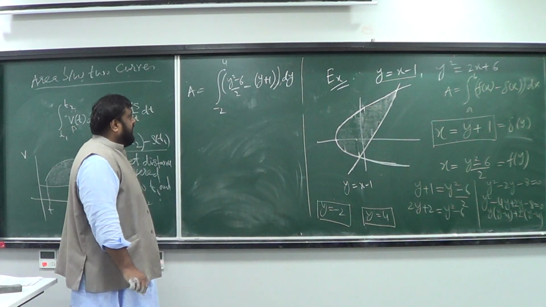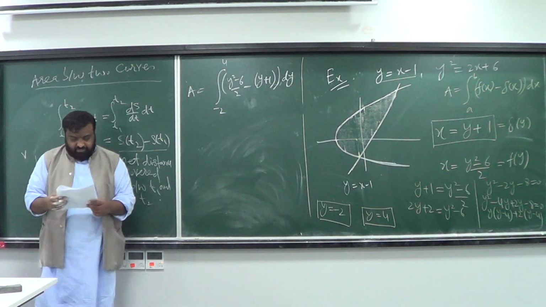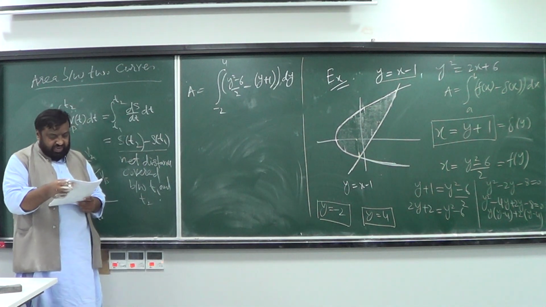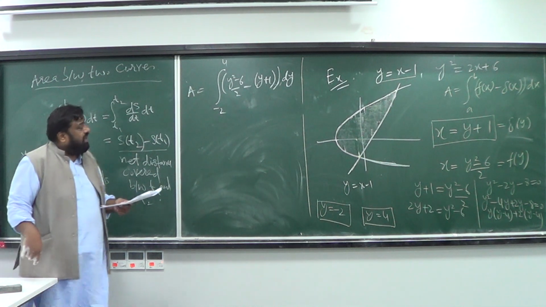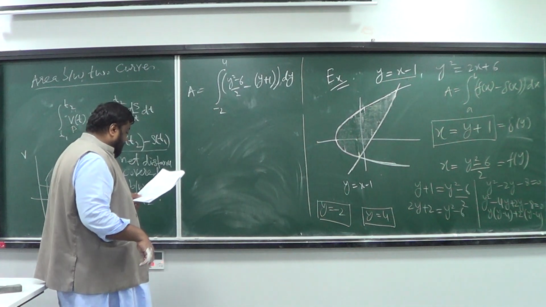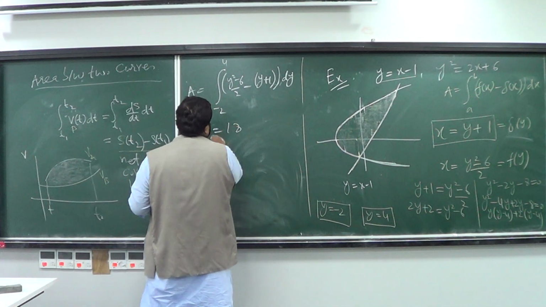This is what you're going to get, and then you can solve this integral and compute its value. When you compute this value, you will see that you're going to get 18.